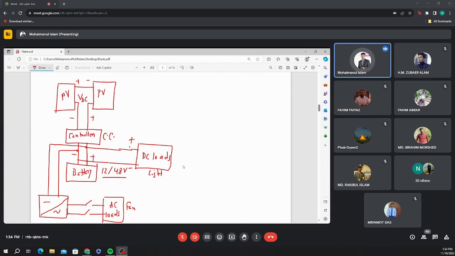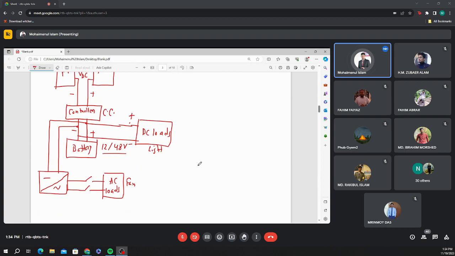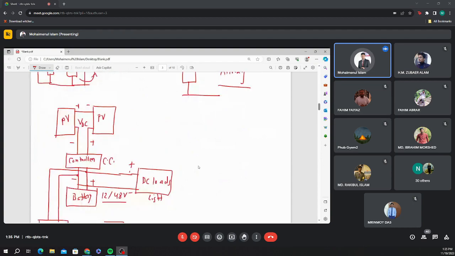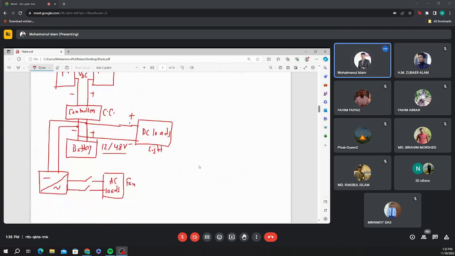Maybe there are some switches and fuses, whatever. And after that, if you want, sometimes you can convert it into AC, and you can connect it with the AC load, right? So this is our off-grid or standalone type of PV power plant.